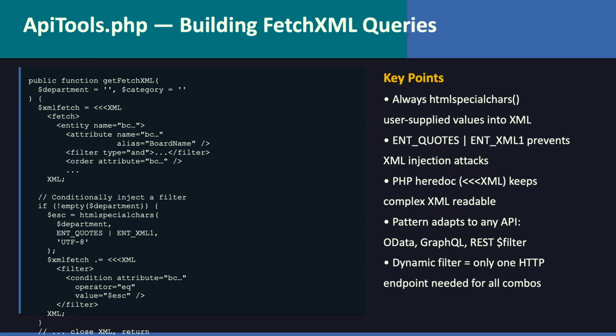We had to build this because there was a dropdown that would allow us to filter by a department or a category, so this couldn't be just a static query. And I wanted to keep it readable, where I could actually understand and see it rather than mashing it up. So using the XML heredoc, I think it's called, keeps it more of a readable layout. That was just how Microsoft Dynamics actually wanted to see things.